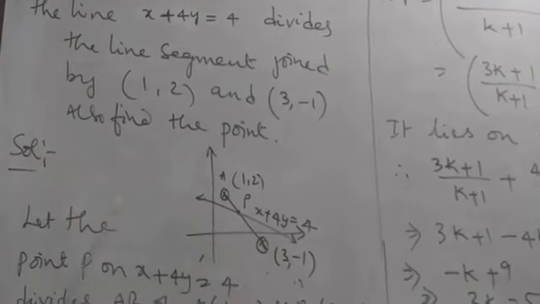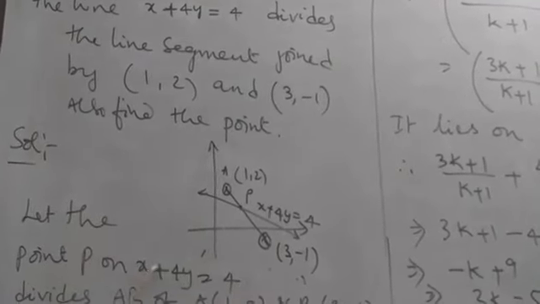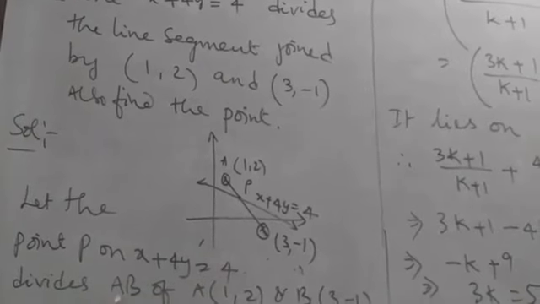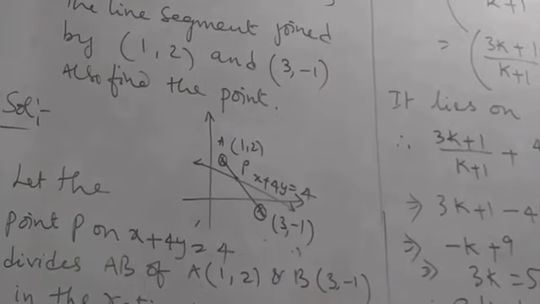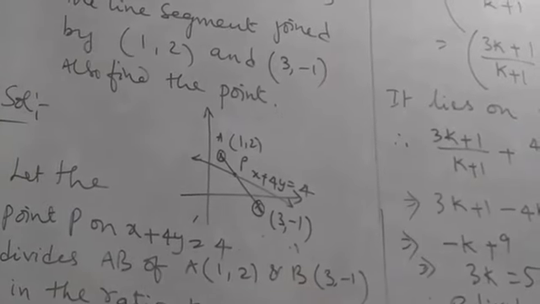So let the point P on x plus 4y equals 4 divide the line segment AB, with A (1, 2) and B (3, -1), in the ratio k is to 1.